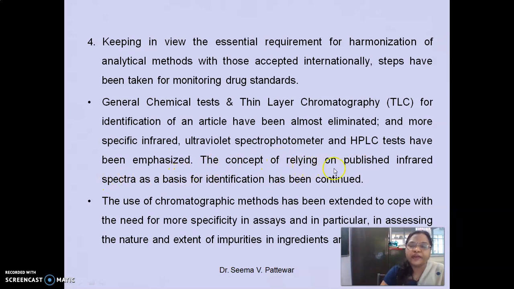The concept of relying on publishing the IR spectra on the basis of identification has been continued. The use of the chromatographic methods has been extended to cope with the need of more specificity in assays, and in particular in assessing the nature and the extent of impurities in ingredients and the product.